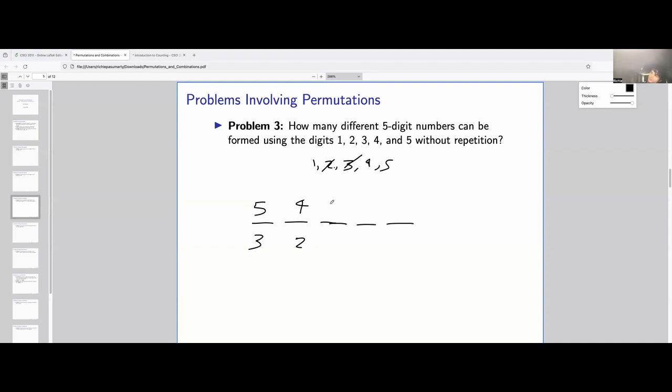Now I have 3 choices left: 1, 4, and 5. Let's say I choose 5. Now I only have 2 choices left. Let's say I choose 4. And then my last value is basically guaranteed at this point, just 1. So the number of ways I can do this is 5 times 4 times 3 times 2 times 1, which is equal to 5 factorial. Again, if you want to use that notation, you can write this as P of 5, 5.